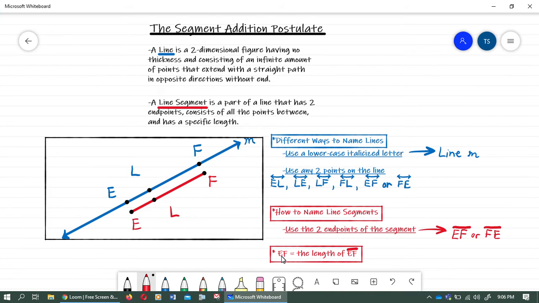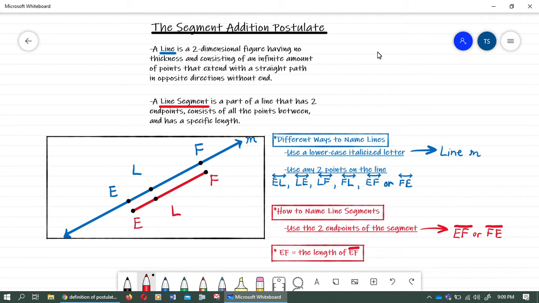So for instance, guys, where we have EF here and it's written without the little symbol at the top, we're talking about the length of segment EF. Again, folks, that is the length of segment EF.